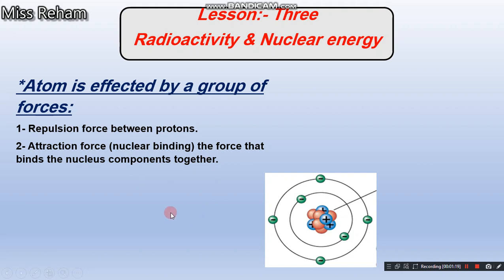Okay. Number two, attraction force or nuclear binding that binds the nucleus components together. What is meant by nuclear binding or attraction force in the nucleus? This is the force that binds the components of the nucleus together.